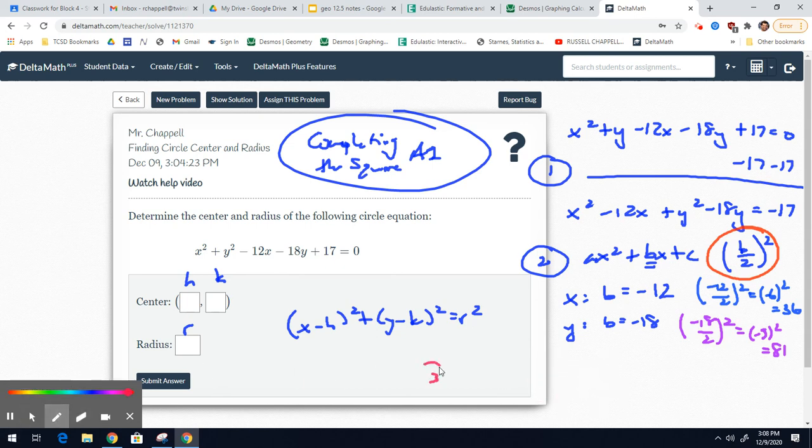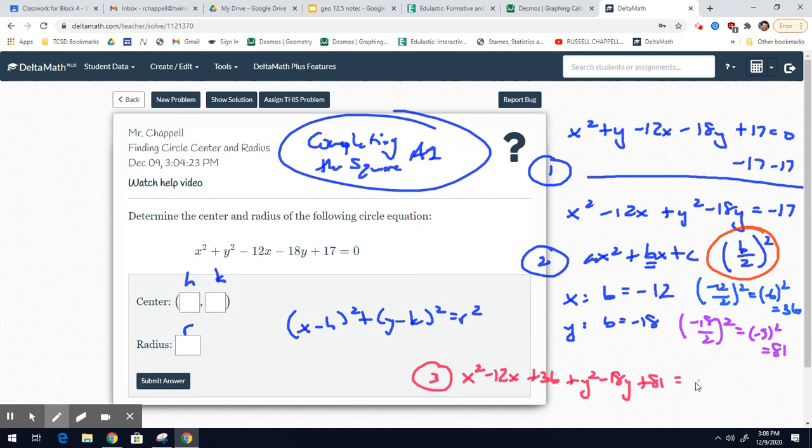So step 3, add to both sides: x squared minus 12x, notice I put the 36 next, plus y squared minus 18y plus 81, and that's going to equal negative 17 plus 36 plus 81. Again, the 36 here and the 36 there, the 81 here and the 81 there. Okay, so now I'm going to go back up to the top and do some erasing, I hope.